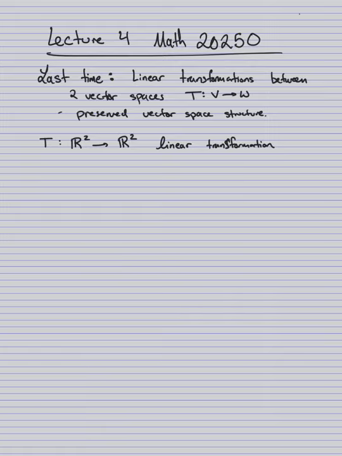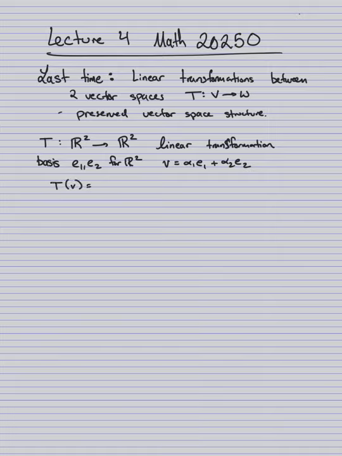And then what we did was, well, we had a basis E1, E2 for R2, just the standard basis. So then any vector in the domain was alpha 1 E1 plus alpha 2 E2.